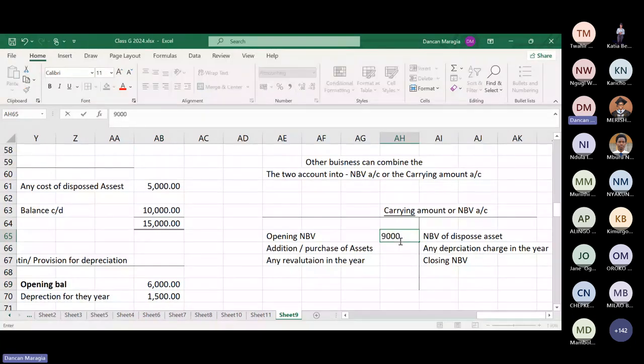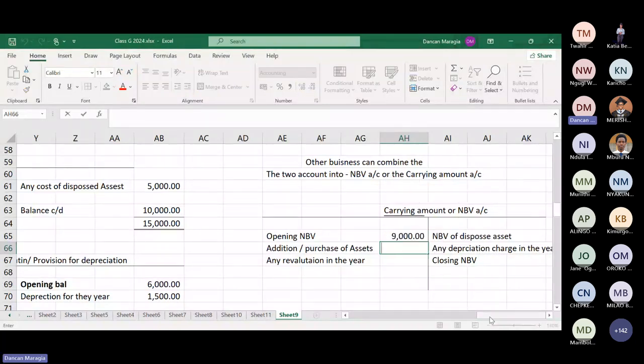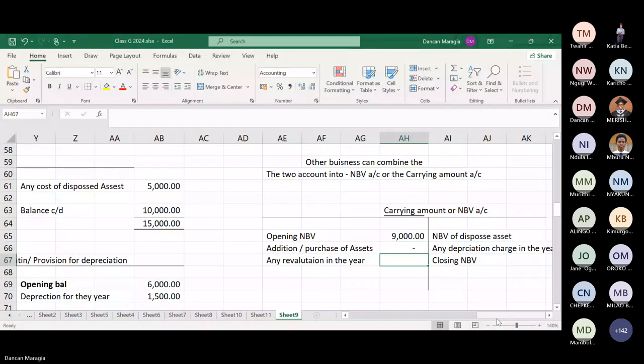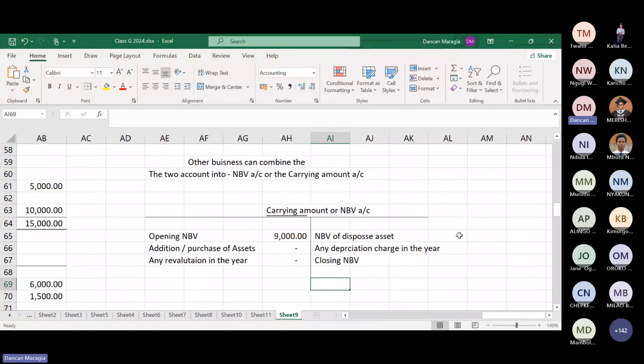Good, so 9 million. Then you check additions in the year. Any addition in the year in the building, we did not have any addition, 0. Any revaluation in the year was 0. Then we come here, net book value of disposed asset in the year. What was the net book value of disposed assets in the year?